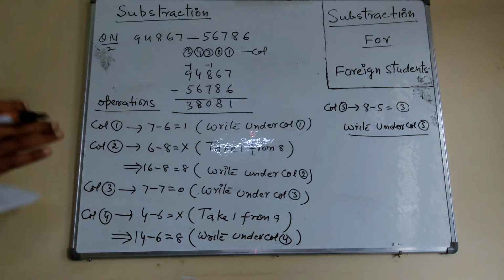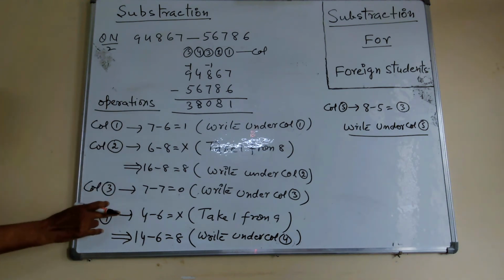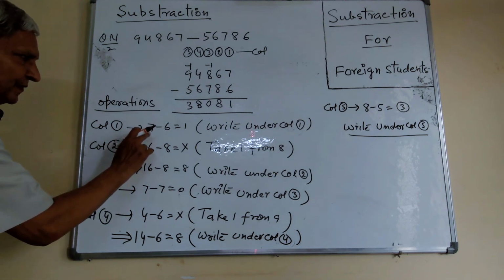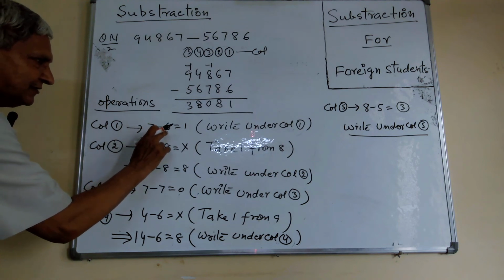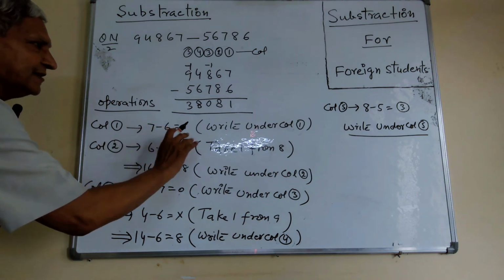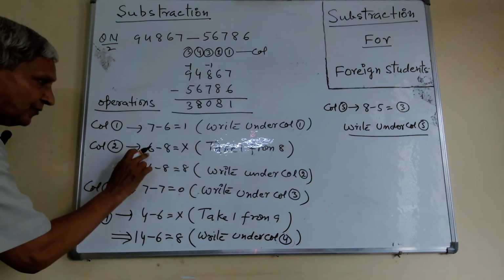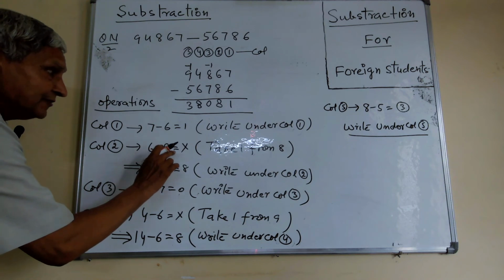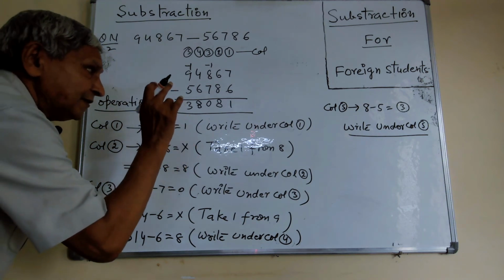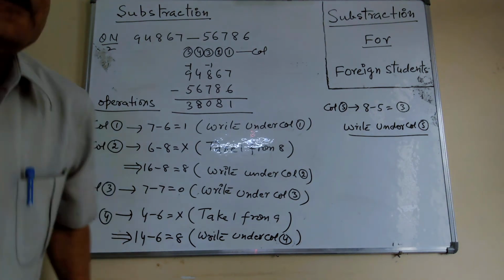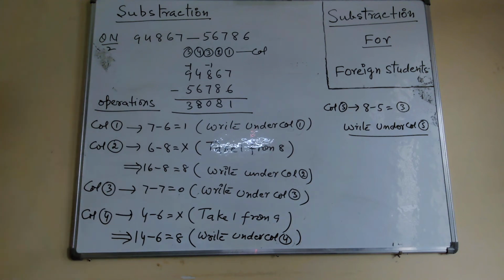There will be no mistake if you apply this method systematically. Where the first number is more than the second, there is no problem. When the first number is small and the second is great, then there is a problem. You have to take one from the nearest number. So, my dear students, this is the method.